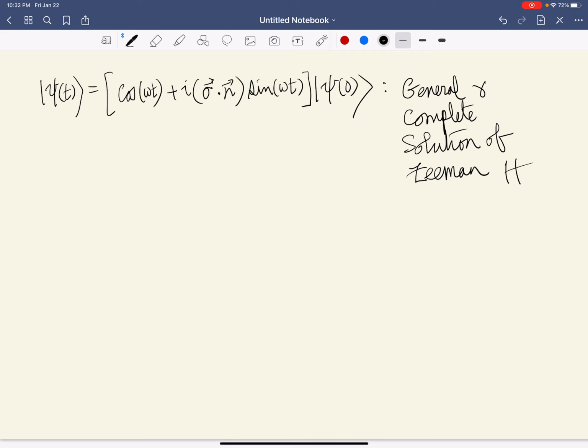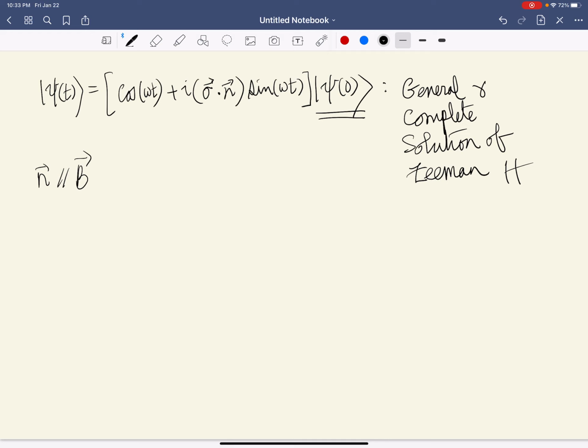So now to further solve this problem, we need to specify what we want to choose for the initial state. Remember that n is really just the orientation of the external magnetic field.